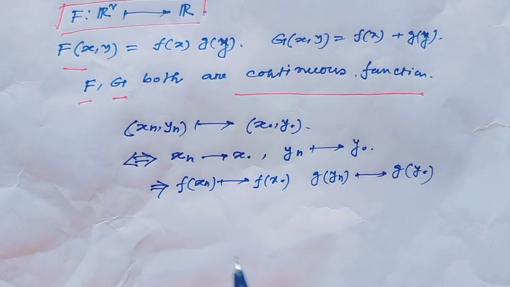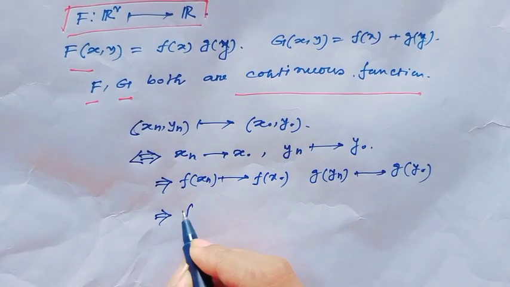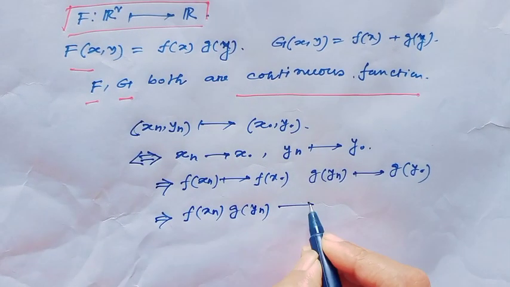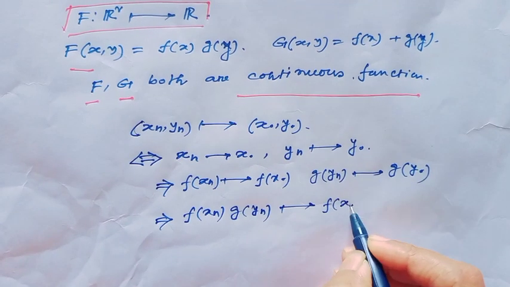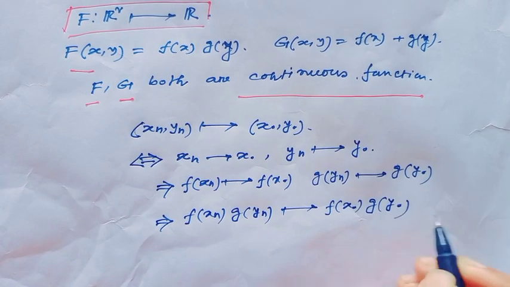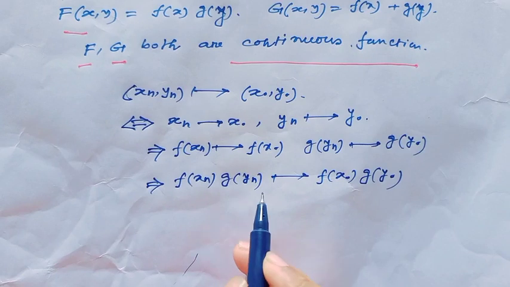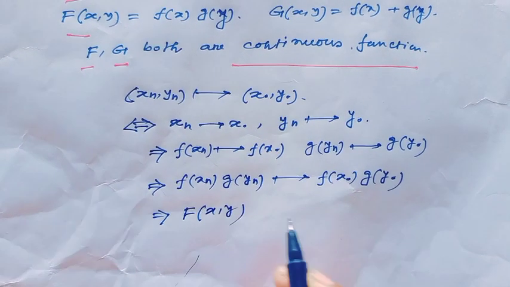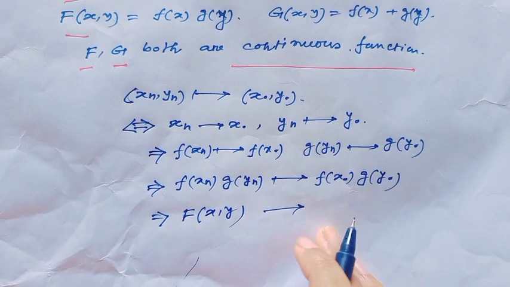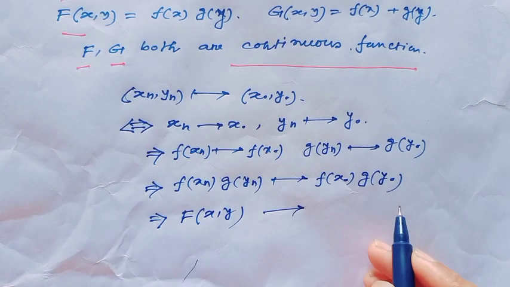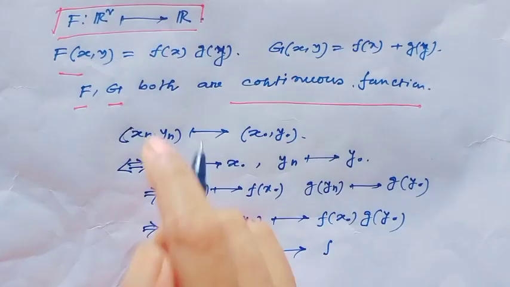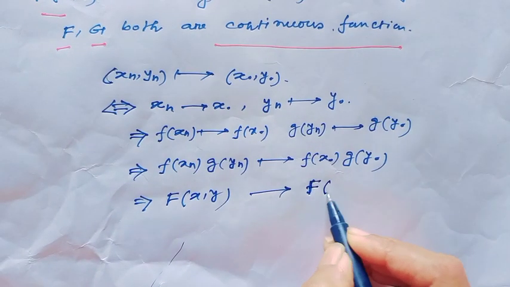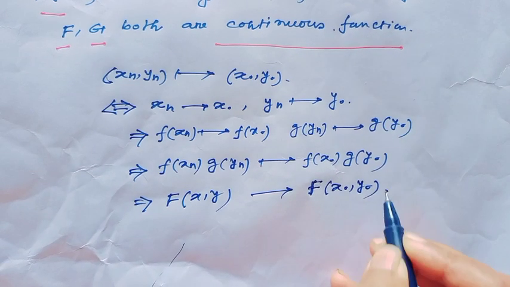Now from these two statements we can write f of xn times g of yn goes to f of x naught times g of y naught. And f of xn times g of yn is actually capital F of (xn, yn), and f of x naught times g of y naught is capital F of (x naught, y naught).